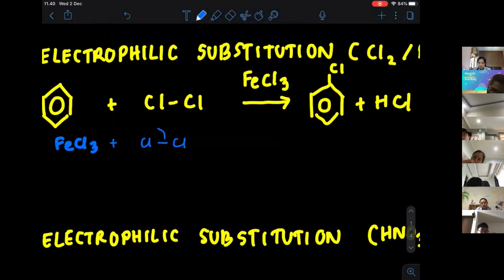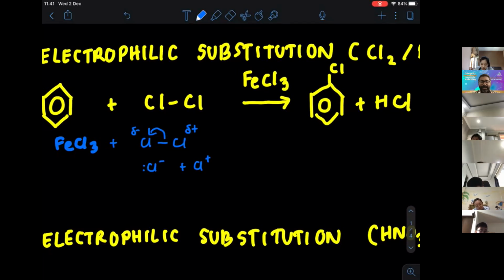The electrons will move closer towards one side of the Cl, so this part is going to be delta negative and this part delta positive. You need to draw that curly arrow, and this will result in a heterolytic fission, so you are going to get Cl minus and Cl plus.